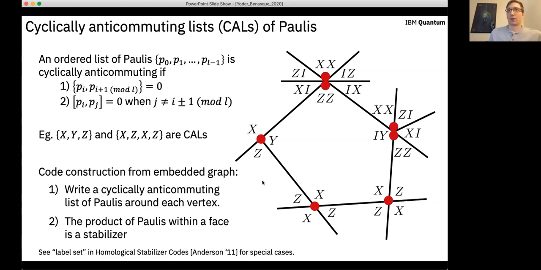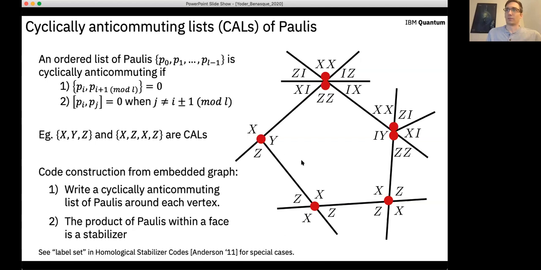So how do you actually go directly to the qubit surface code? You take your embedded graph, and then around every vertex, you write a CAL with length equal to the degree of that vertex. And then the faces of the graph represent your stabilizers. And those are just the product of all Paulis written within that face.